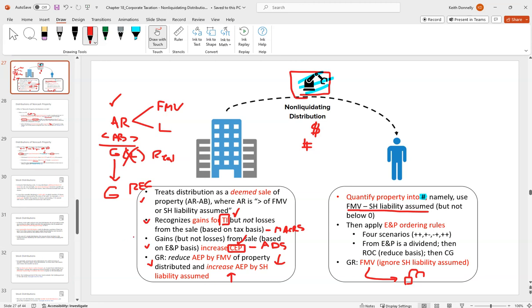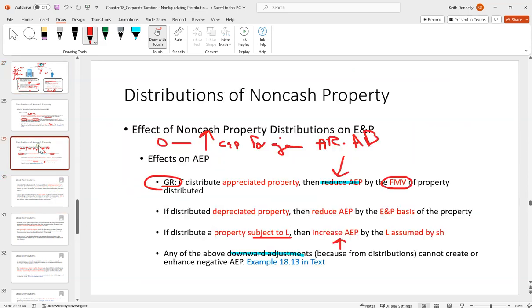We're going to assume it's the same for both of them. Once you factor that gain into CEP, you then have to look at the effects on AEP. You're going to reduce it by the fair market value of that machine you pushed out, and then increase it by any liabilities the shareholder assumed.